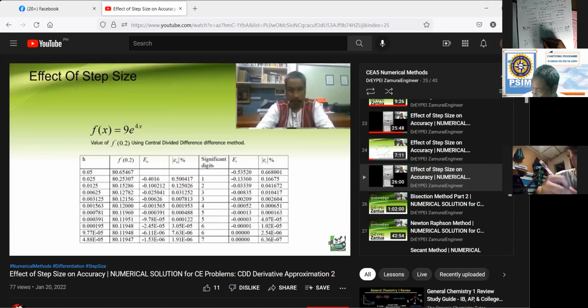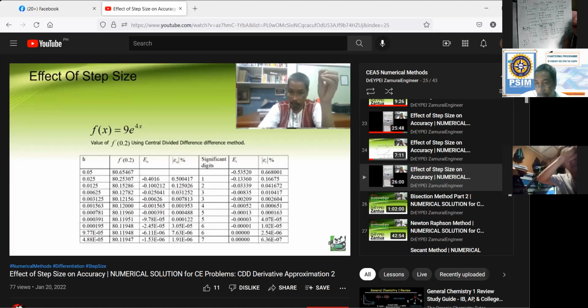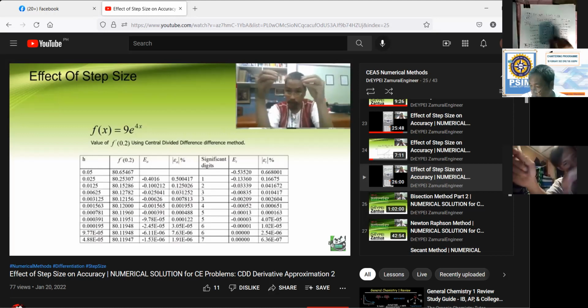How do you create this approximation formula? This is how you do it. Look, f(x plus delta x) minus f(x minus delta x). Compared to the one above, f(x) minus f(x minus delta x).